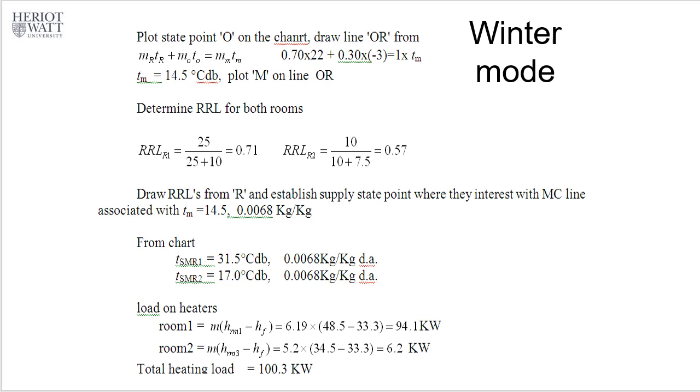If there's a heat gain in the room, the line goes to the left. If there's sensible heat loss, the line goes downwards to the right. Now, from the mixing point, you draw a horizontal line to meet these two room ratio lines, and you will find the supply temperatures.